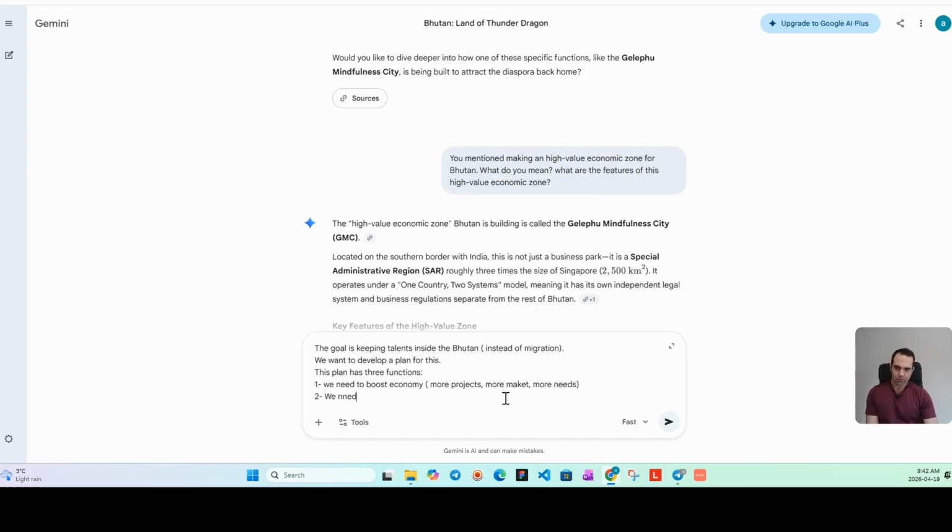We need to provide high quality education for talents to take the roles and provide the needs in the market.